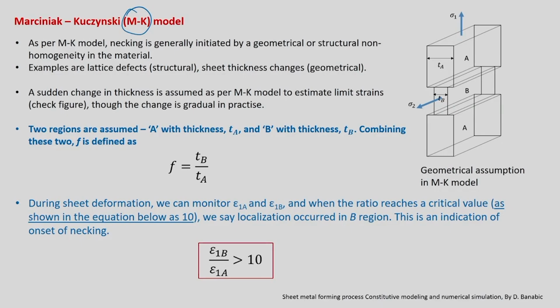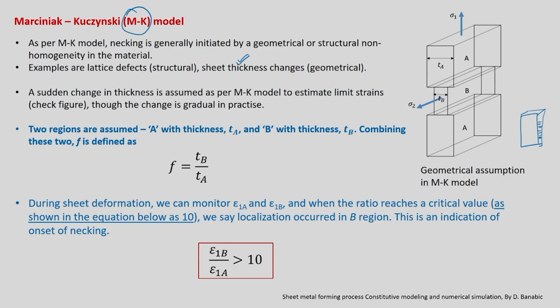That we already know; we already introduced this. You have geometrical defects, for example sheet thickness change. Suppose you take a sheet of, let us say, 2 mm thickness, but it is not going to be 2 mm everywhere. Here it could be 1.98, 1.99, 1.985, and here it could be 2, 2.01, 2.22, 2.05.